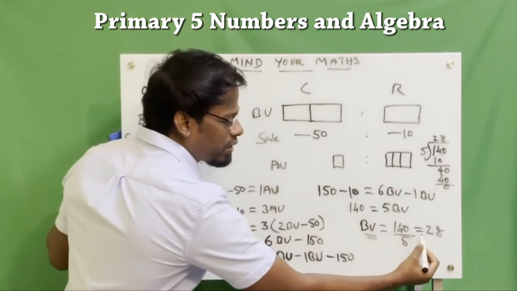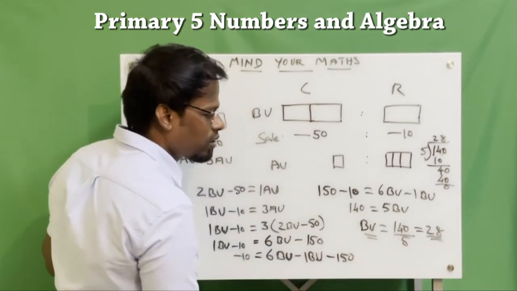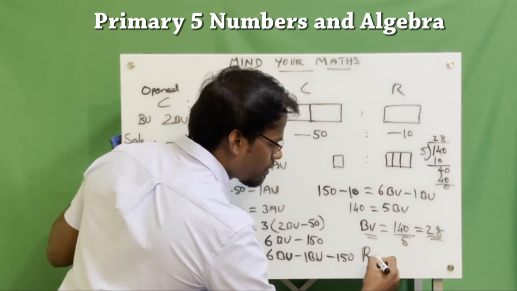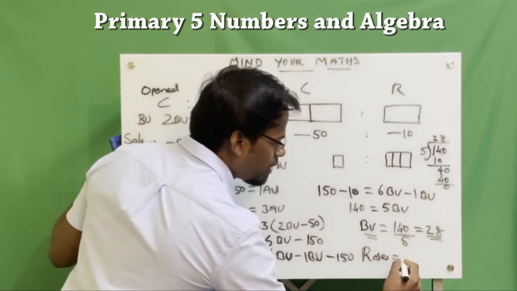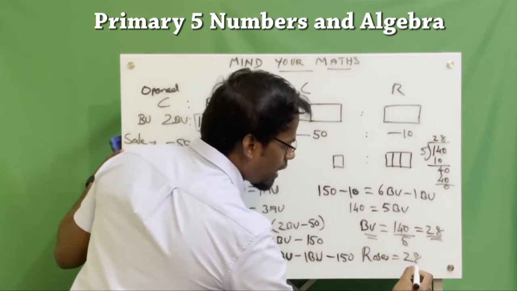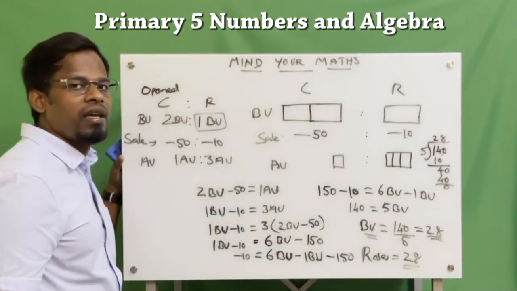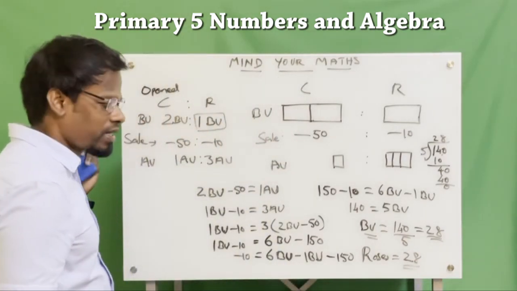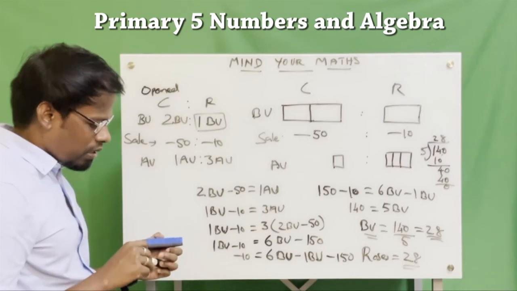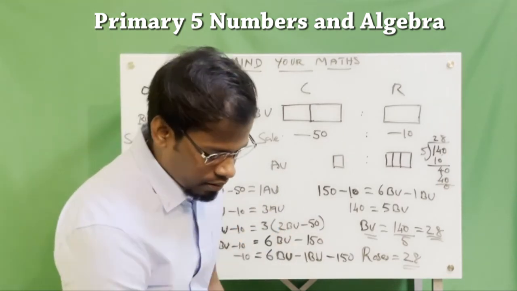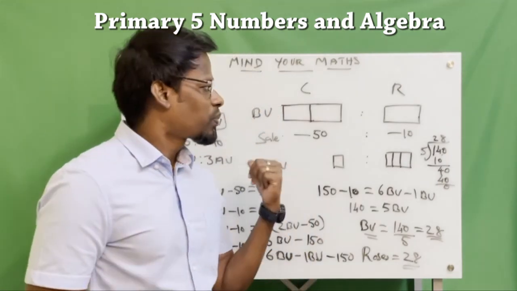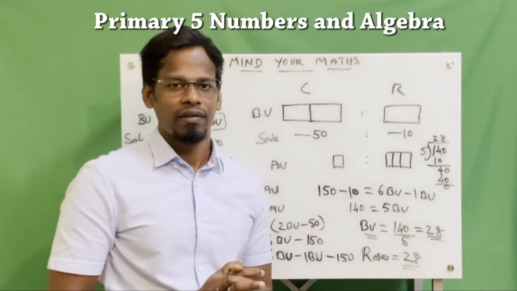So BU is equal to 28. So the roses were 28. That is the answer, right, guys? So we have solved this problem using the model method.